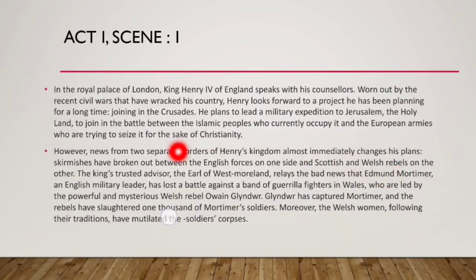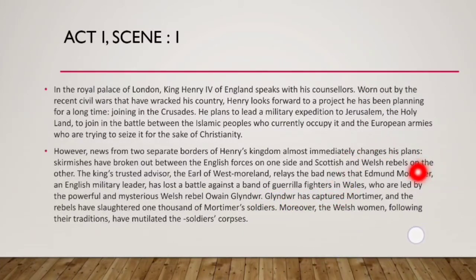The king's trusted advisor, the Earl of Westmoreland, relays the bad news that Edmund Mortimer, an English military leader, has lost a battle against a band of guerrilla fighters in Wales.